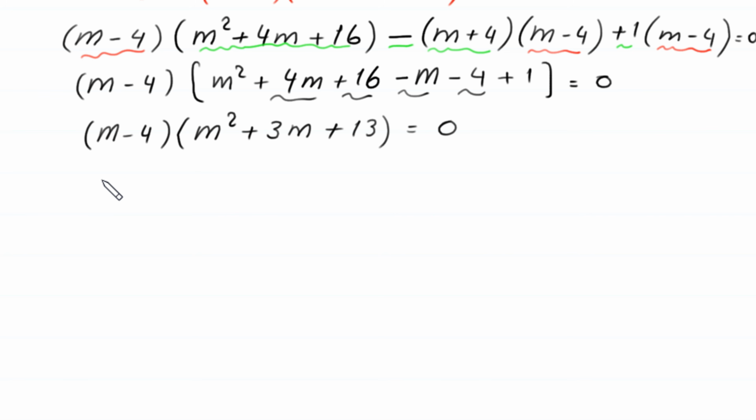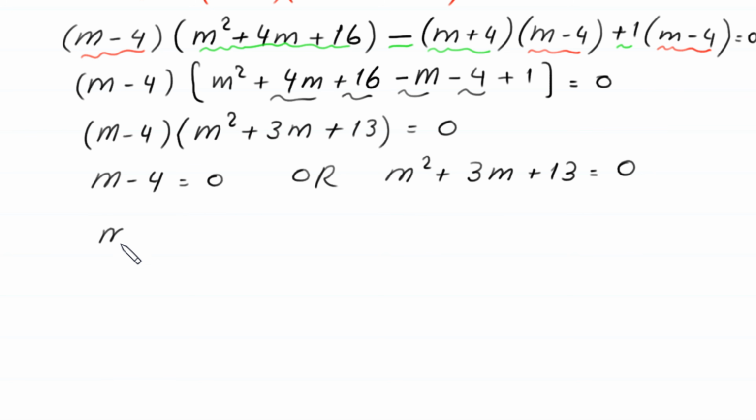From here, either m - 4 = 0, or m^2 + 3m + 13 = 0. From the first equation, we get m = 4. From this quadratic equation, we have a = 1, b = 3, and c = 13.